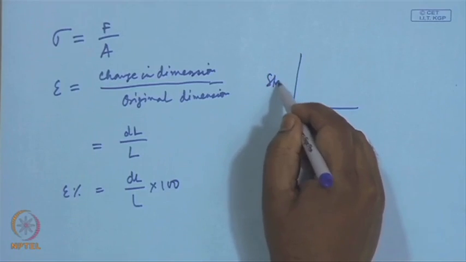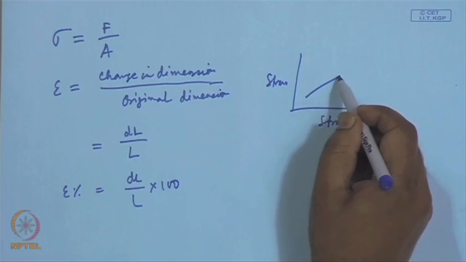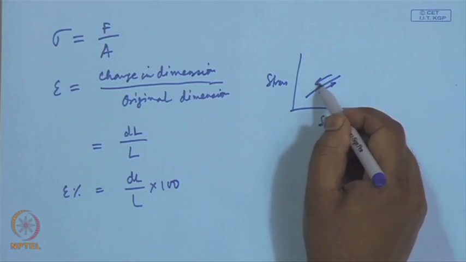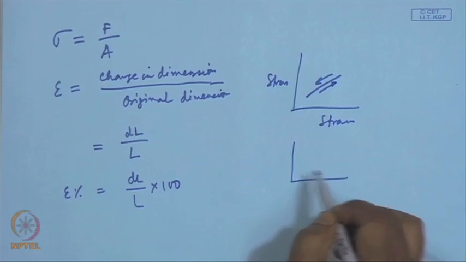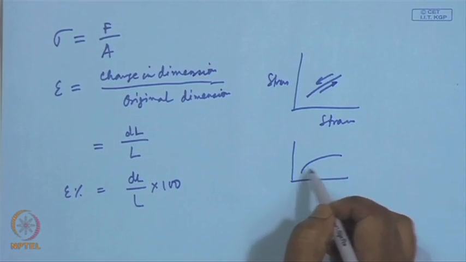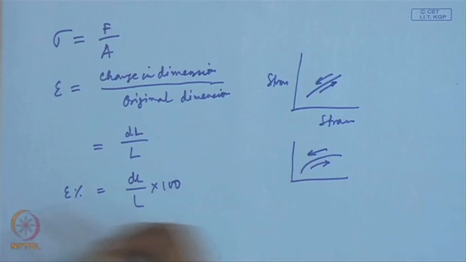Then we call this elastic deformation. It could be linear if the stress strain behavior is linear. So, it goes from here and comes back in the same path. It is a linear behavior, and if it goes in this way and comes back, then it is a non-linear elastic behavior.